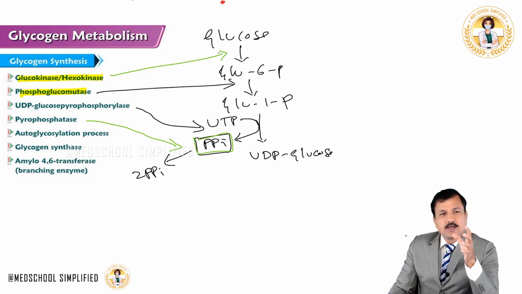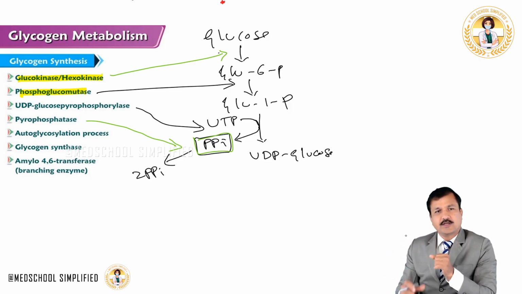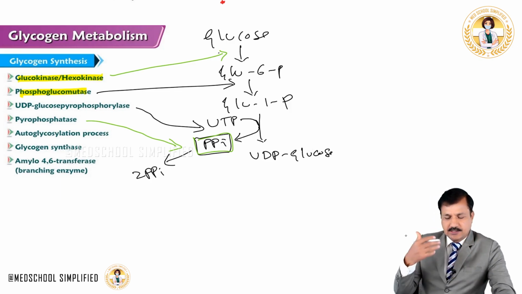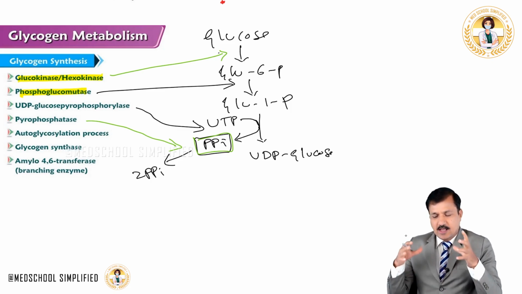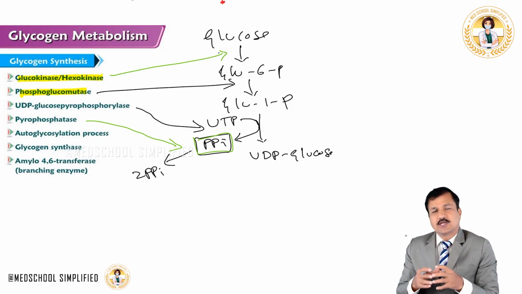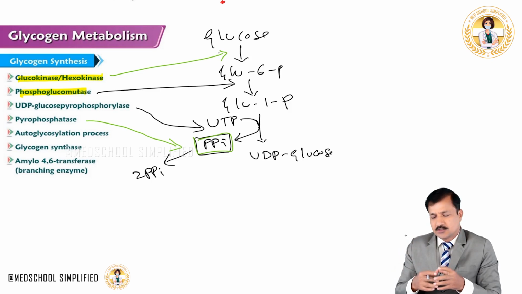The reaction where uridine triphosphate releases inorganic pyrophosphate and makes UDP-glucose is exergonic, and the breakdown of pyrophosphate into 2 inorganic phosphates is also exergonic. So this entire system is made exergonic, and a lot of energy is available in the system to make glycogen.